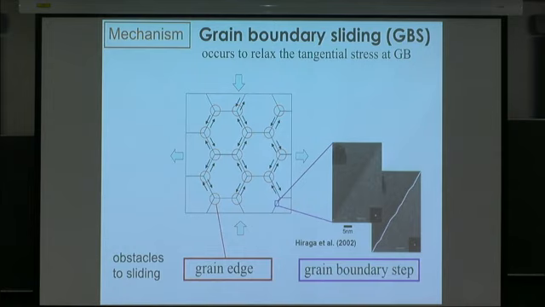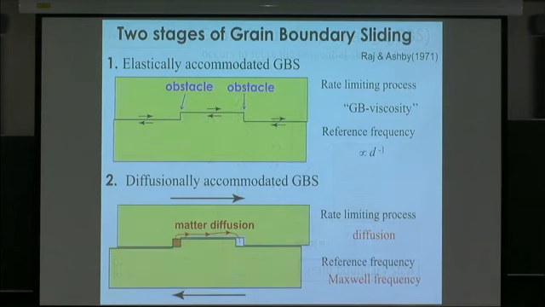So the grain boundary sliding is considered to occur by the following two stages. First, before being stopped by the obstacles, sliding occurs locally along the planar segments between the obstacles. This stage is called elastically accommodated grain boundary sliding.